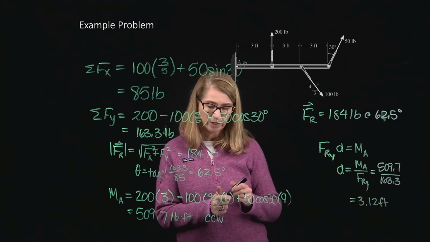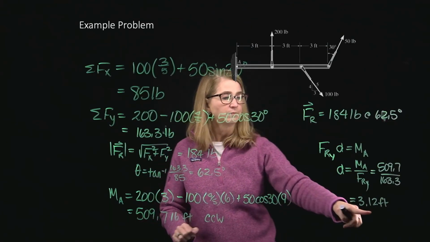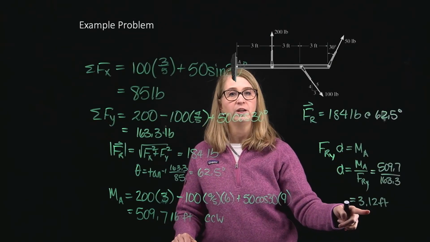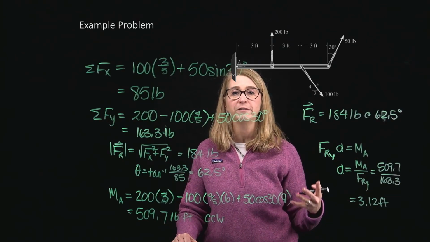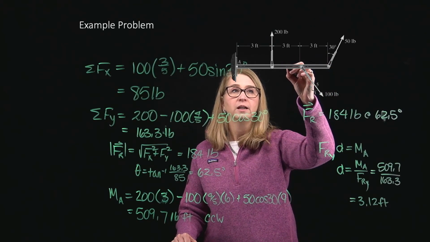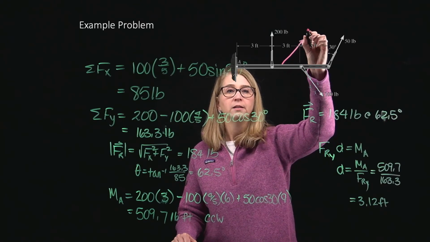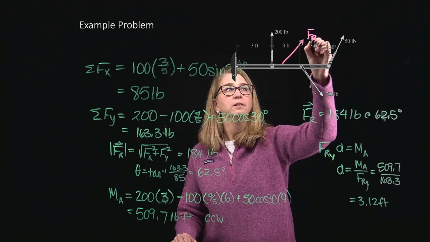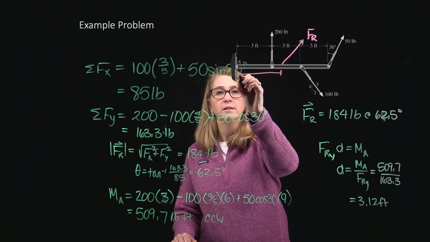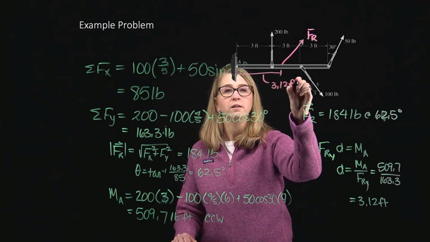And so what this actually means is that if I took this force and I placed it at this location, it would give the exact same effect as the three forces that we see. So if I put it right there, the distance from here to here would have been 3.12 feet.